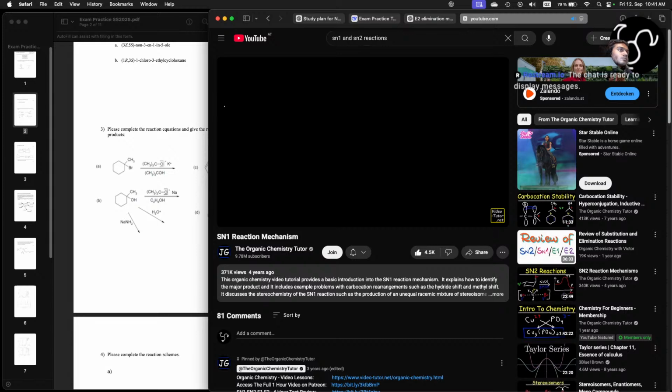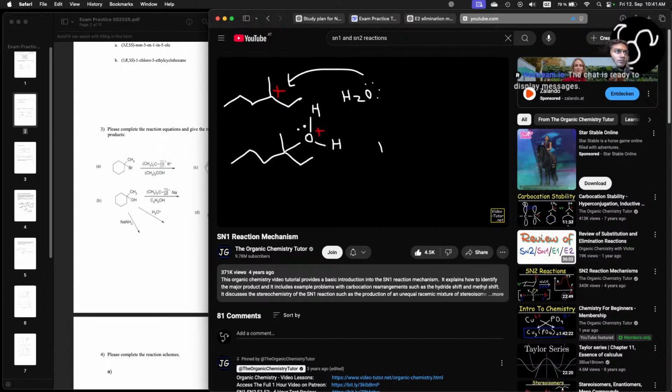Now, let's finish the mechanism for this reaction. So once water comes in and attacks the carbocation, we are going to get an oxonium ion. So basically an oxygen with 3 bonds and a positive charge. Now the last step is deprotonation.